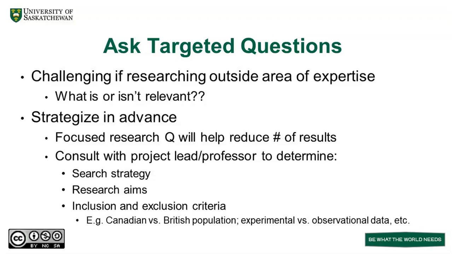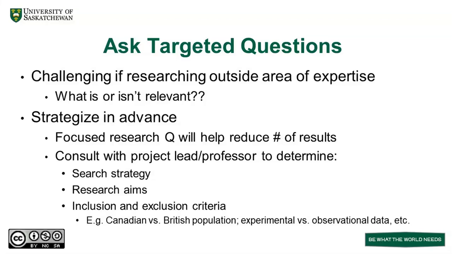So having that focused research question in advance, first of all, that's going to help reduce the number of results that are generated. And so it means that you won't have to sift through as much literature in the first place, because you're not going to be generating perhaps 10,000 results.